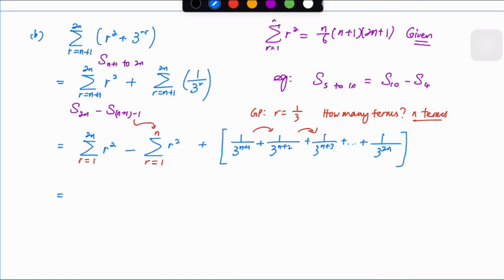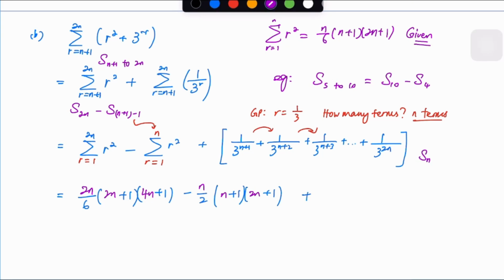We replace n with the number on top, so we have 2n over 6, then 2n plus 1, then over here I have 4n plus 1, minus, this one will be standard. Something like that.